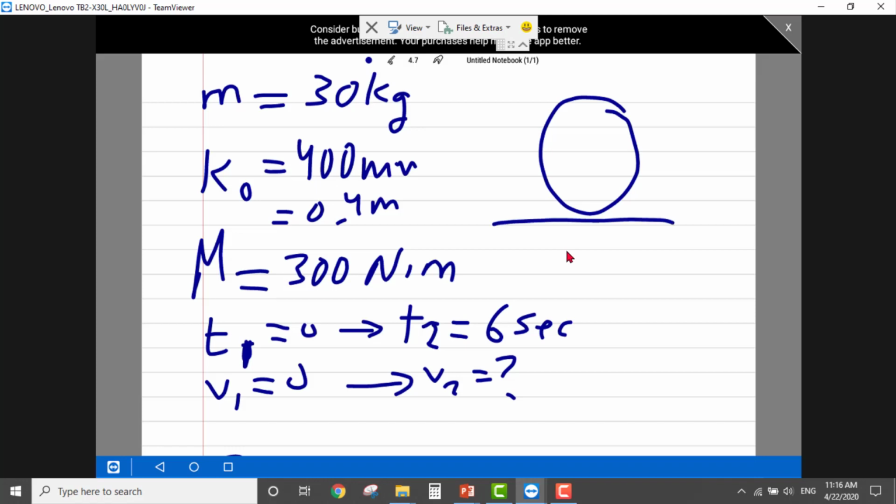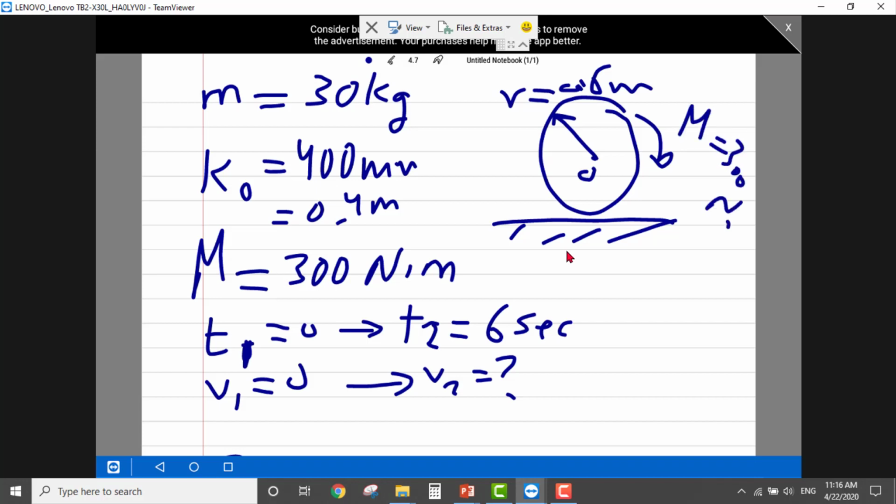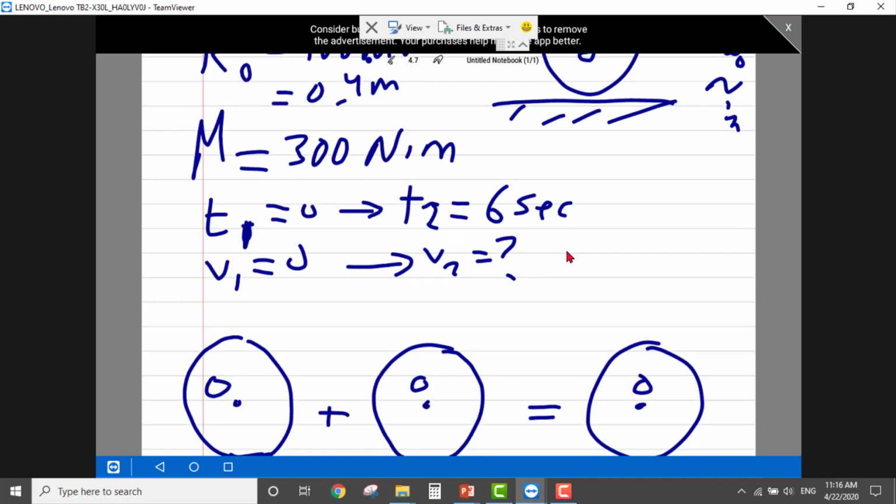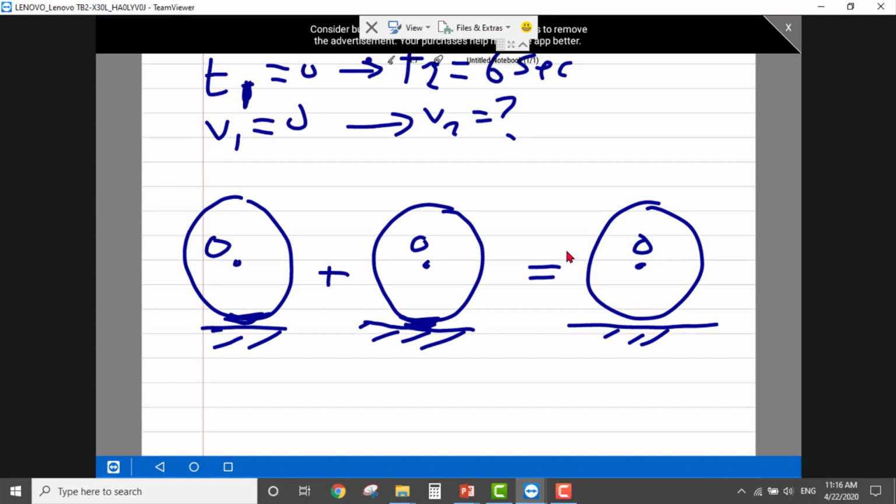Okay, and we have couple moment. Now, first thing, let us determine the xy coordinate system.